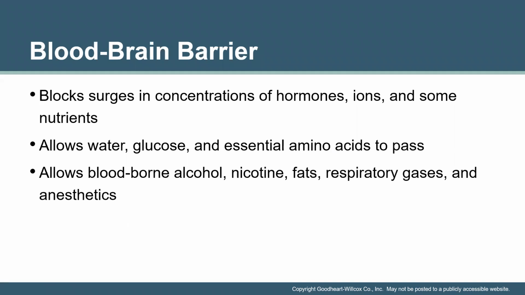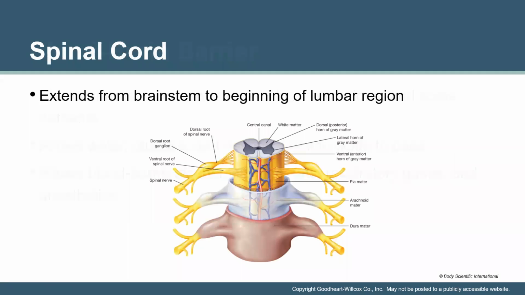This does serve as a protective mechanism so that we don't have weird pH changes or damage to the nervous system tissue itself. Spinal cord extends from the brain stem to the beginning of the lumbar region of the spine.